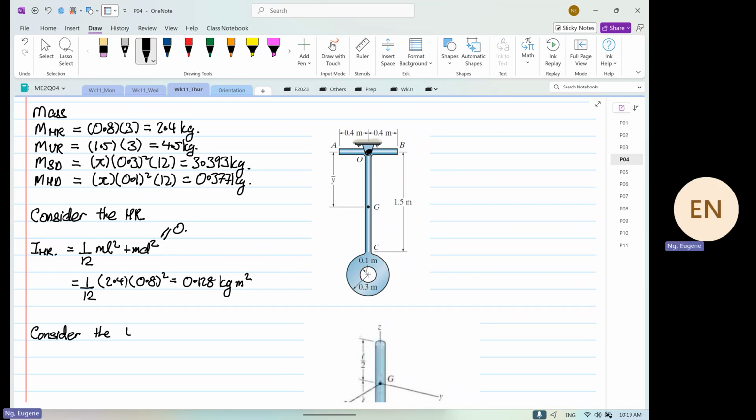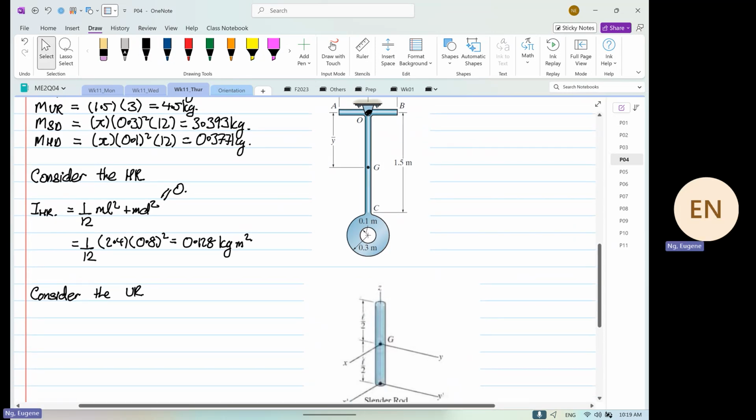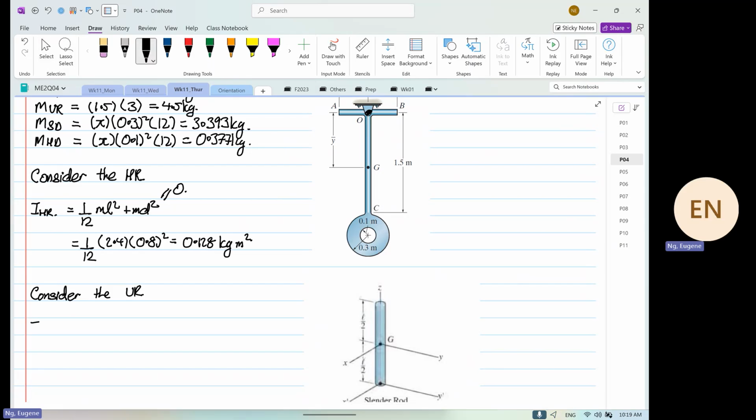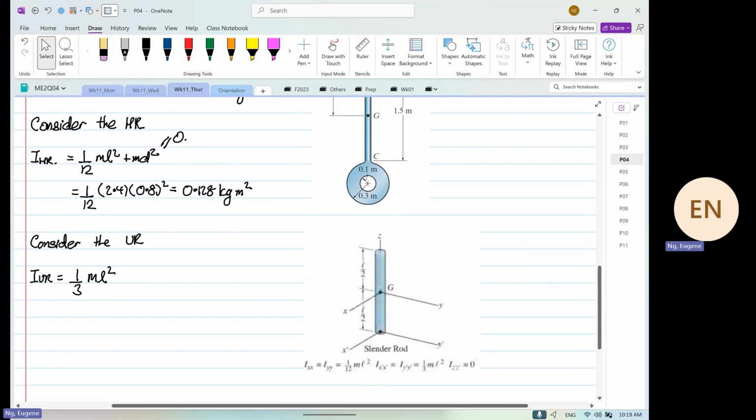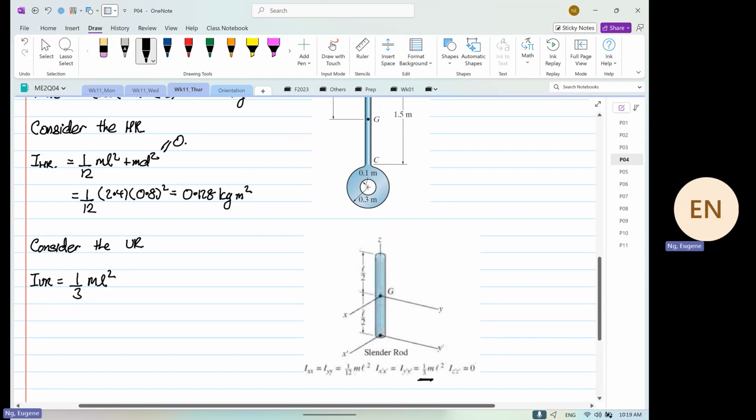Then we are going to consider the vertical rod. We can just do I of the vertical rod using 1/3 ml squared. Once you use the 1/3 ml squared, you don't need to consider the md squared. Are we clear?